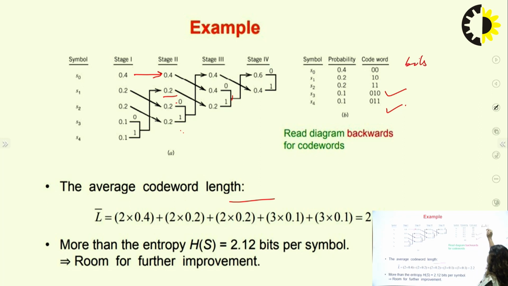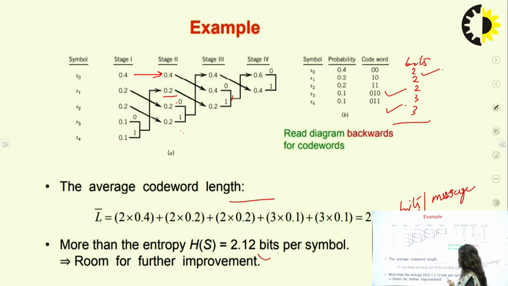The average code word length we can find out with the probability and the bits. So here the bits are 2, 2, 2, 3, 3. This particular 2 is multiplied by 0.4, then 2 is multiplied by 0.2, then 2 is multiplied by 0.2. We will find the average code word length, which comes out to be 2.2 bits per message or symbol. Then the entropy comes out to be 2.12.